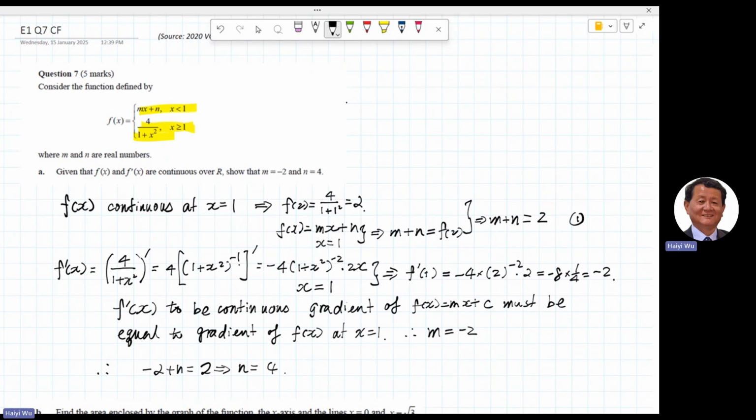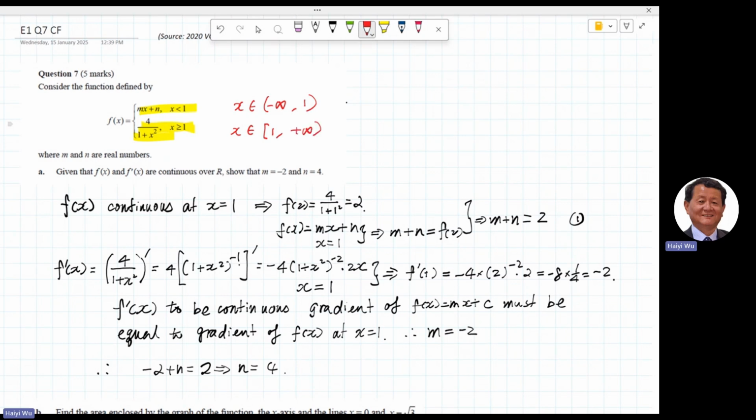For this function to be continuous, because the domains are different, the first domain is x belonging to negative infinity to 1, and the other is x greater than or equal to 1 to positive infinity.